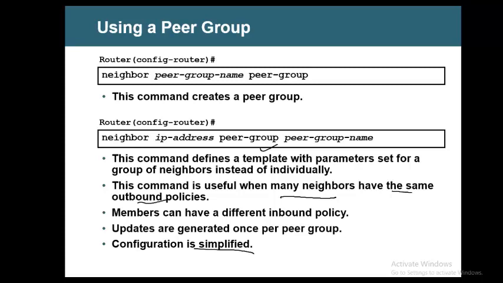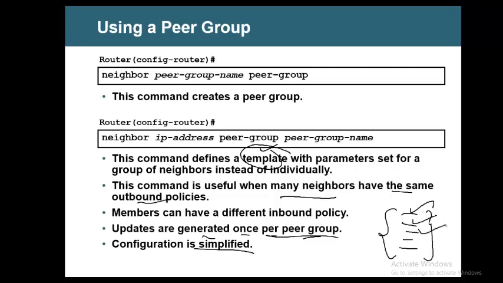And the updates are generated once per peer group, meaning because you're going to call a template which has multiple policies, when you call the template, all of this will be called once and processed once. If you don't have a template, you would have configured this first, process is done. Configure this line, process is done.